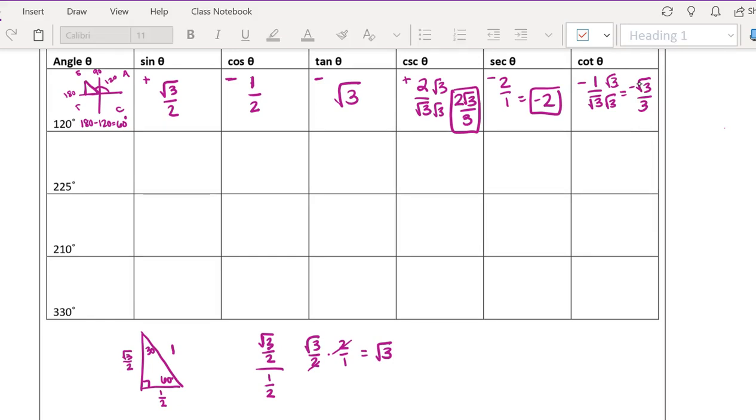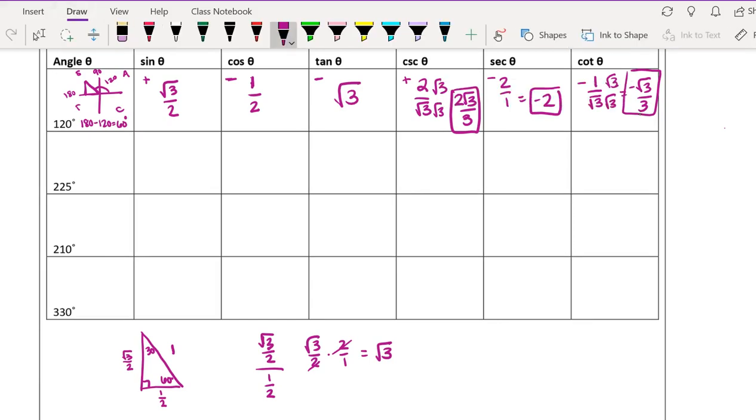225. Sorry, I should box that one. 225, if we're looking at the reference angle, here's 180, and here's 270. So we're going to get here. If I take my 225 minus my 180, I get a 45-degree reference angle.